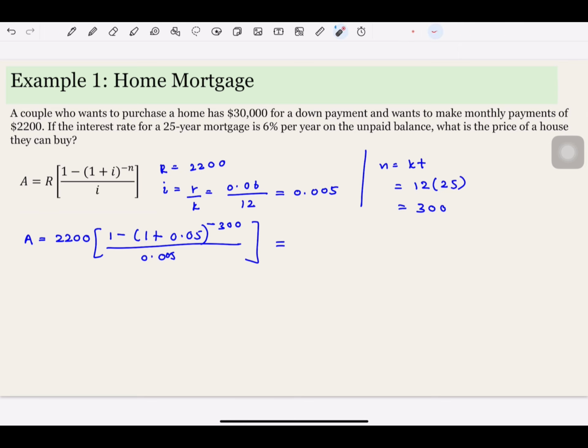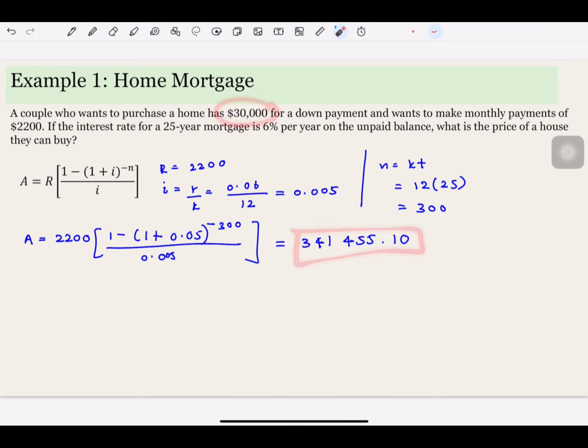This amount will give you the present value. If you use your calculator to simplify this, you'll get $341,455.10.